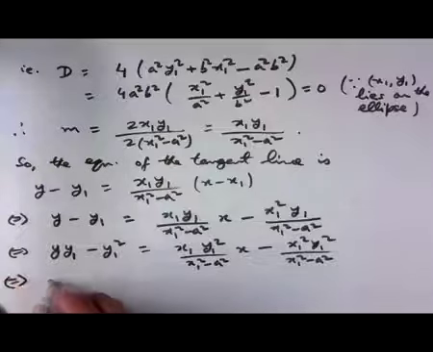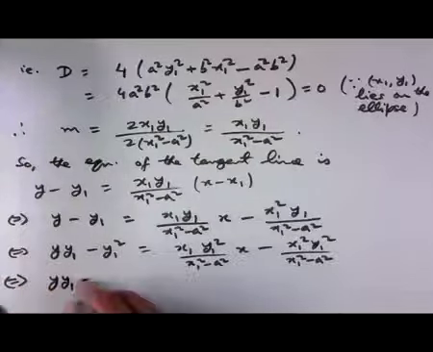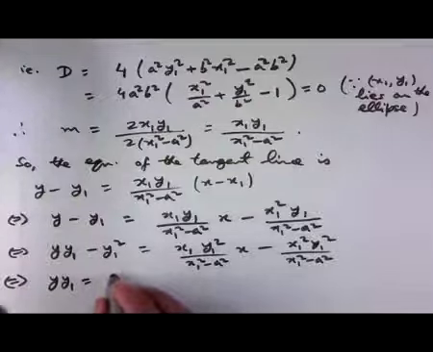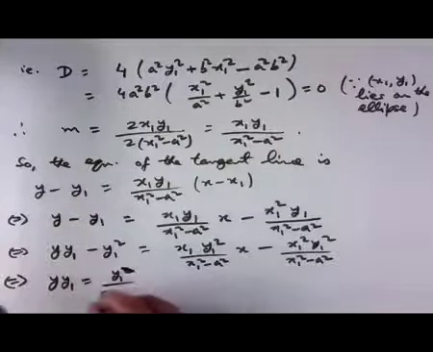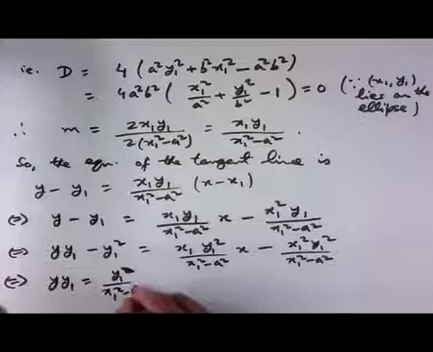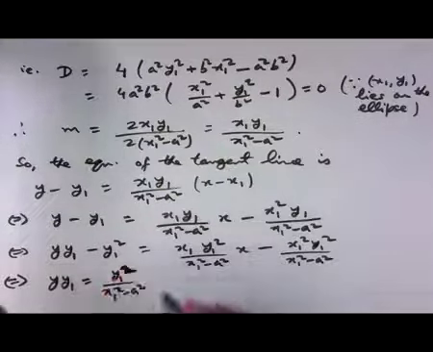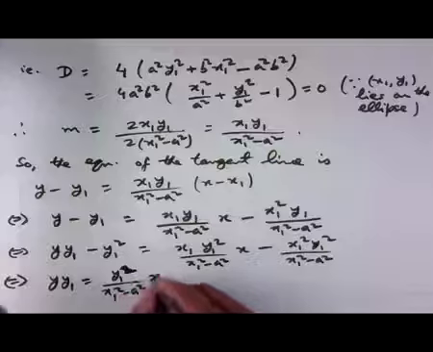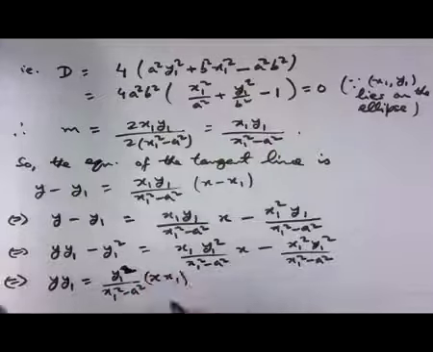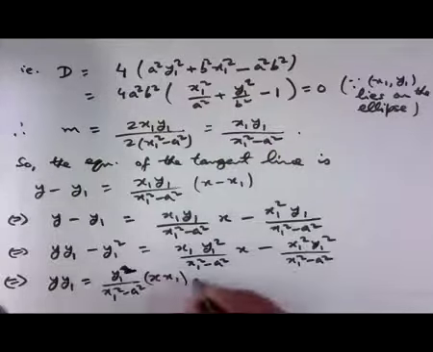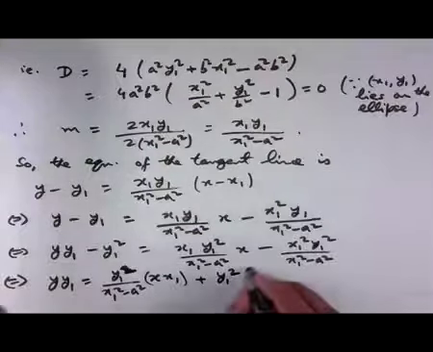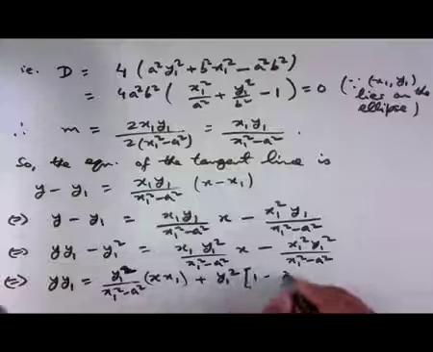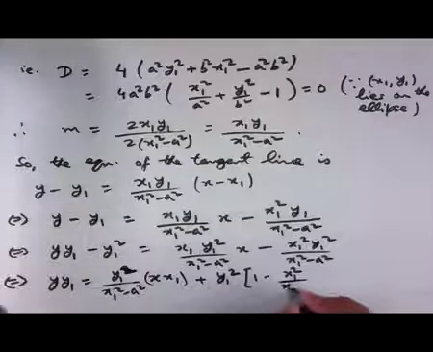Which I will write as y1 equal to y1 square by (x1 square minus a square) times x1, and then plus y1 square times (1 minus x1 square by (x1 square minus a square)).